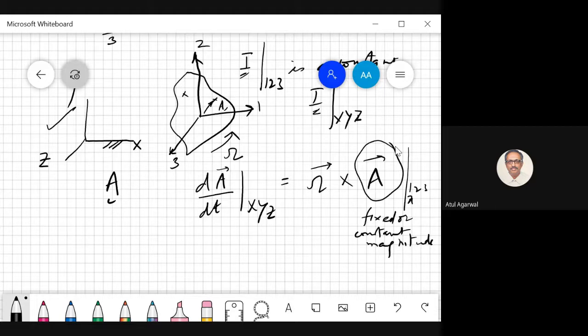So there are two possibilities. Number one, this vector A also has a variation in this coordinate system. It also changes its magnitude. So I have got two things.